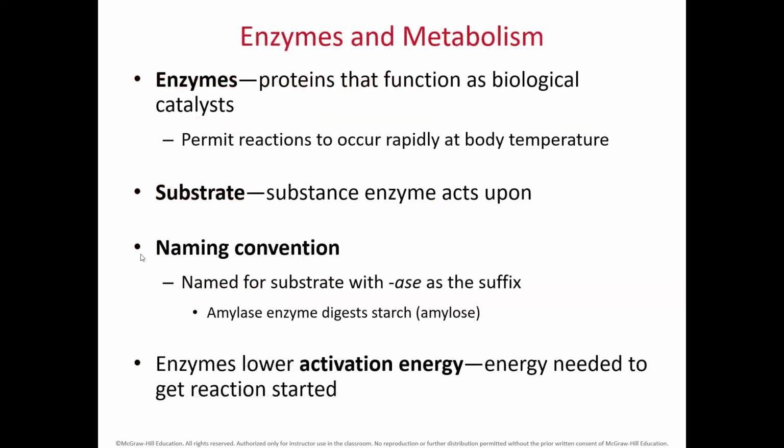Now, in terms of proteins as enzymes, enzymes are proteins that function to catalyze reactions. So, reactions that normally occur at body temperature, well, what happens is enzymes are going to be there. And again, enzymes are proteins. They're going to increase the speed at which the reaction occurs. The substrate is a substance which the enzyme acts upon.